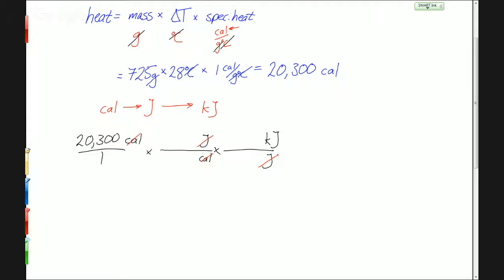So that joules to calories, you may not know that number. That's fine. That's a number that would be given to you. It's 4 point... you can look this up. 4.184 joules per 1 calorie. And then we also said that there were 1,000 joules in a kilojoule.